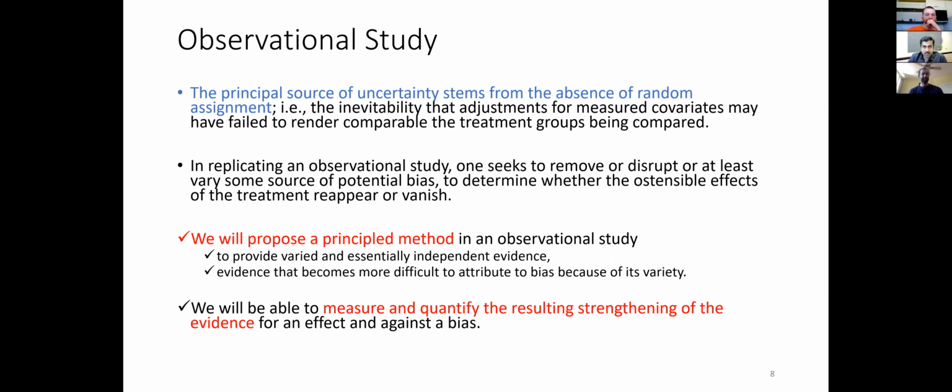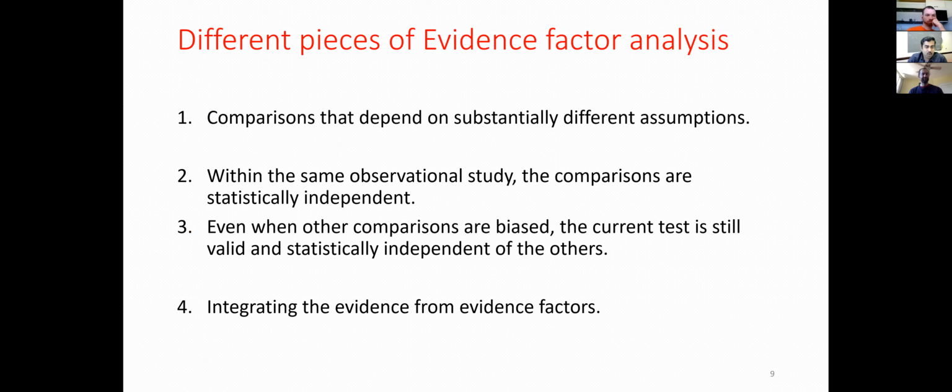Okay, so the anchor slide for the rest of this talk is going to be this slide. I'll come back to it a few times. This lists the 4 different pieces of an evidence factor analysis. What goes into it? Number 1, we want in a single study comparisons that depend on substantially different assumptions.